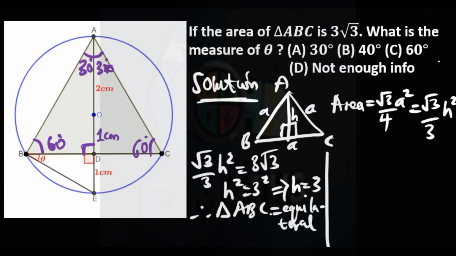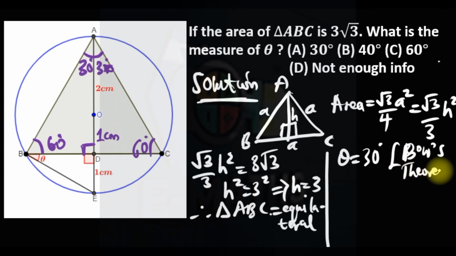So our answer is 30. Do you get? I say theta is equal to 30 degrees by Bow's theorem. So our answer is option A.